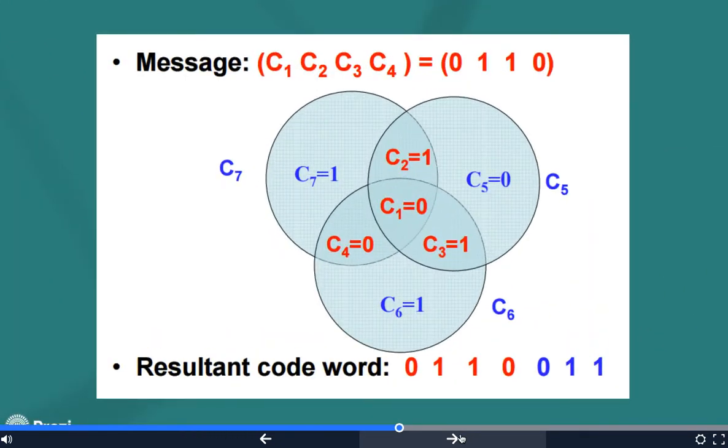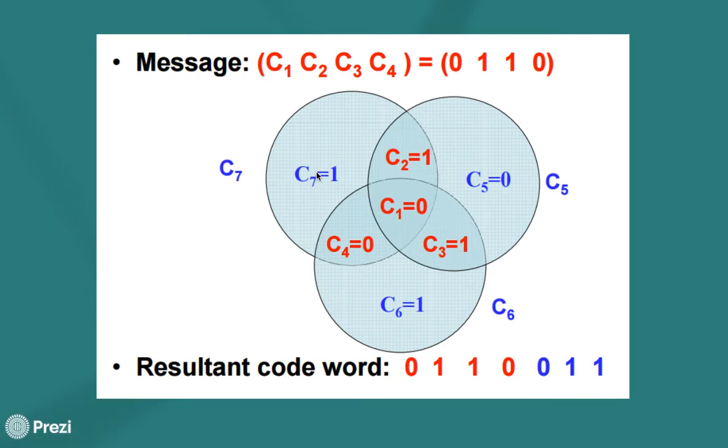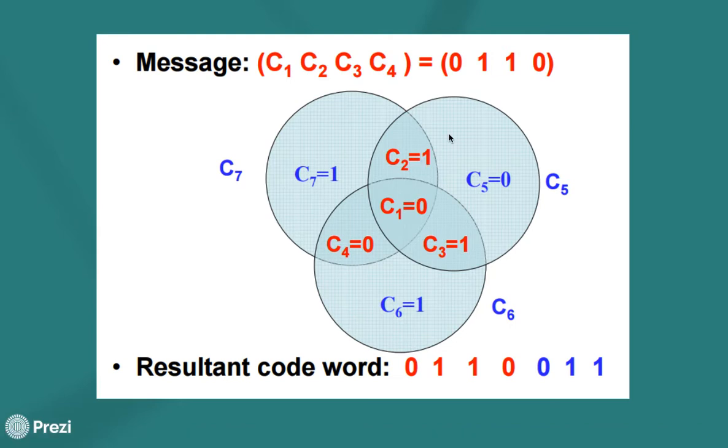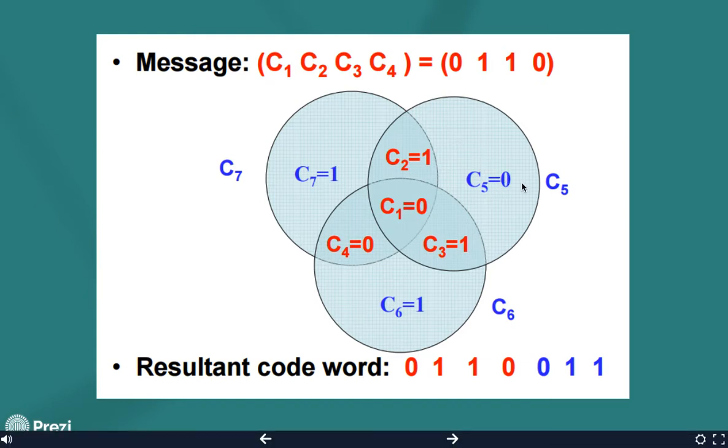Here you can see that we have constructed 3 circles. You can see there is C1, C2, C3, C4, and each circle has 1 parity bit. We are working on even parity, so for the first circle on the right, C1 is 0, C2 is 1, C3 is 1. So there are 2 1s, so there is no need to add another one, so C5, the fifth parity bit, will be 0.